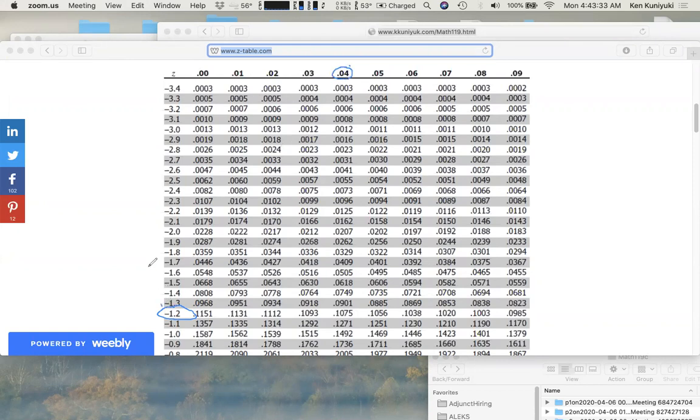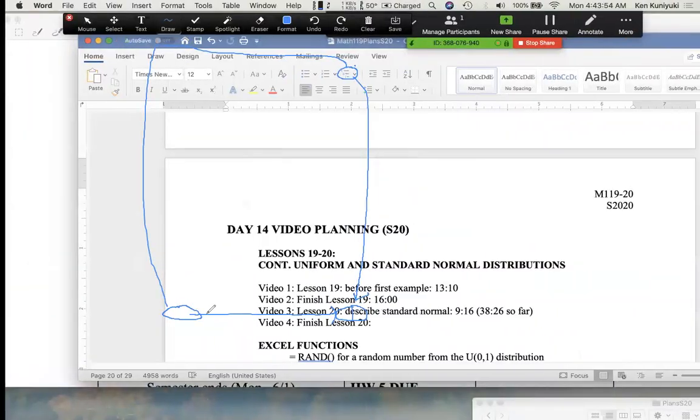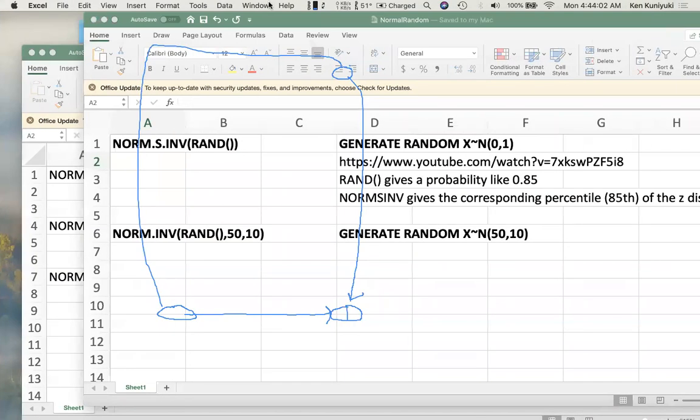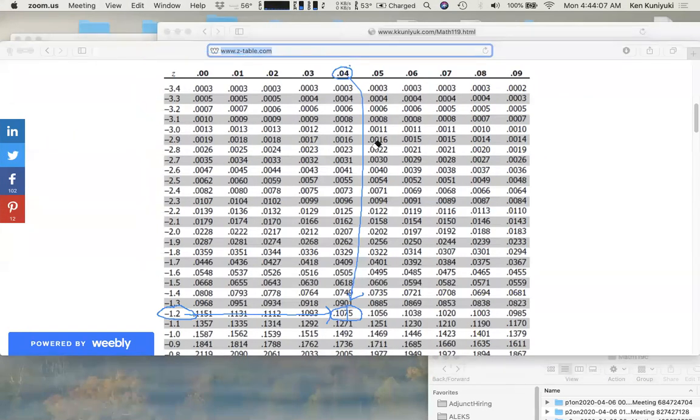So here we have negative 1.24, and you look inside, outward in. Negative 1.24. Don't you miss the olden days? And look at this corresponding probability or area, 0.1075. So we're making the claim that this left-tail probability here is 0.1075. I'll go ahead and erase these marks, by the way.